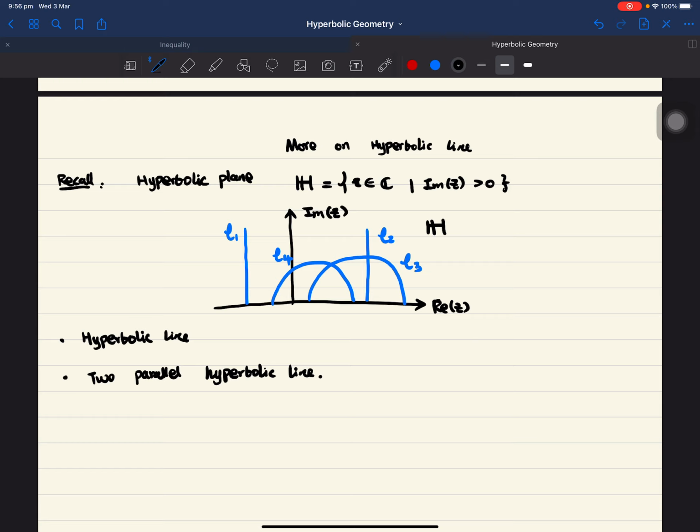So in our case, L1 is parallel to L2, L3, and L4, but L2 is only parallel to L1.